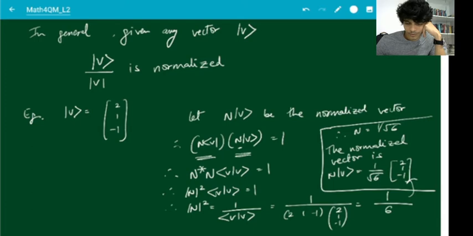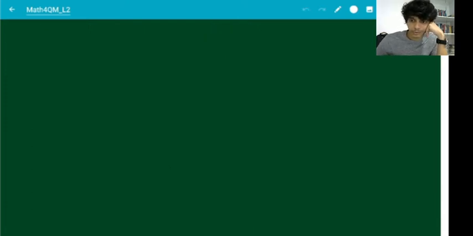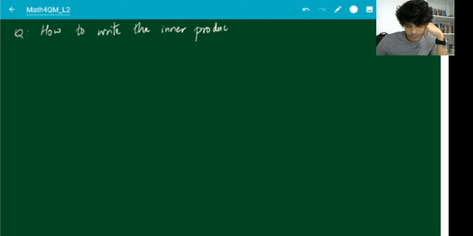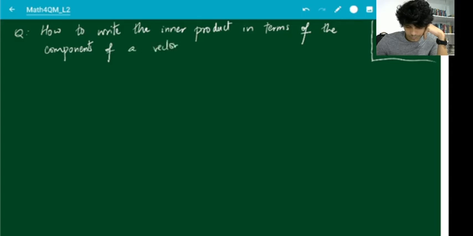The next question that I want to ask is how to write the inner product in terms of the components of a vector. So for this, suppose I'm in some vector space.